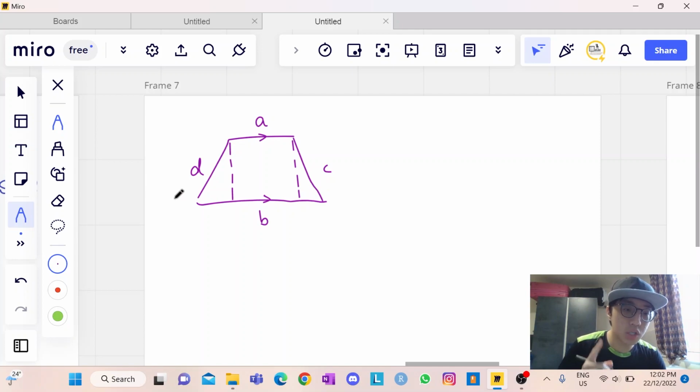If we assume these two have the same length, then this is A, and since the whole thing here is B, we can say this is (B minus A) divided by 2.